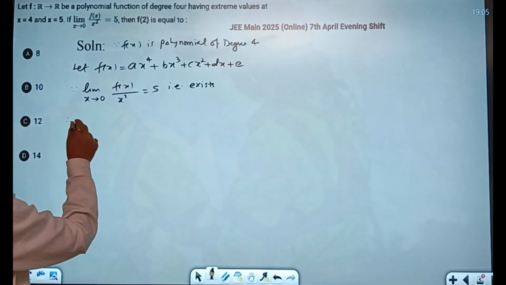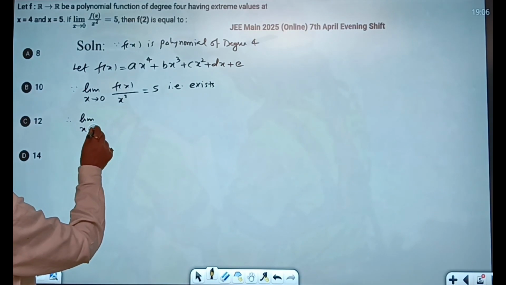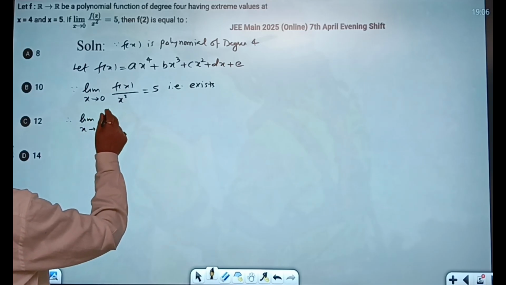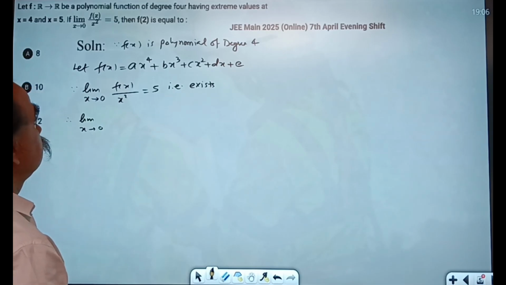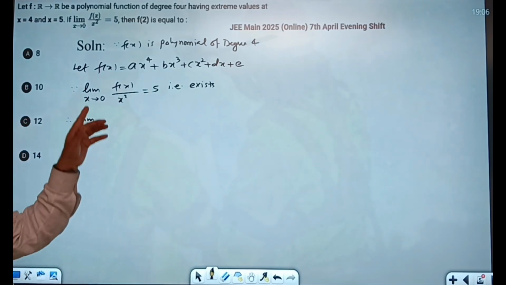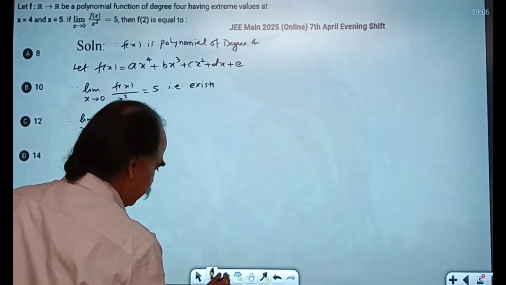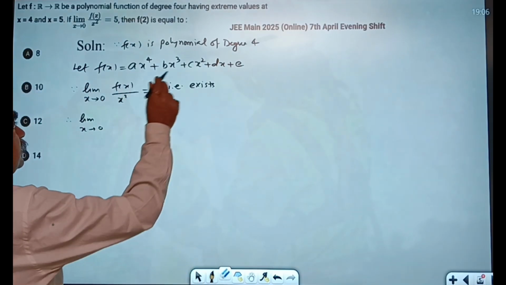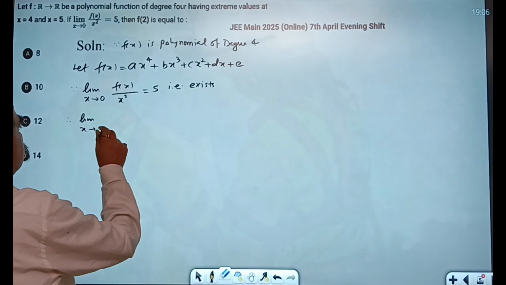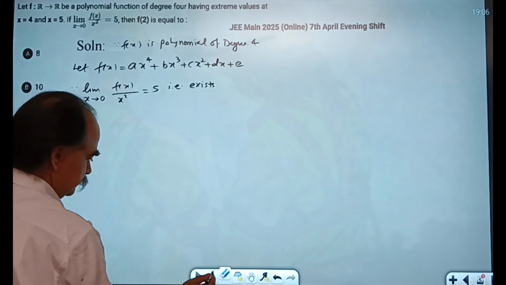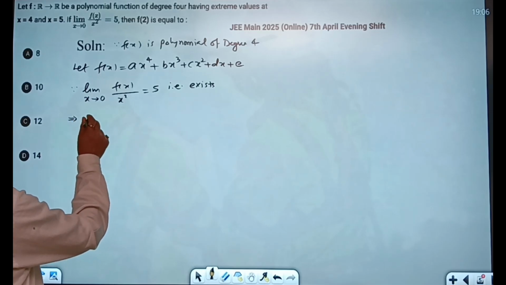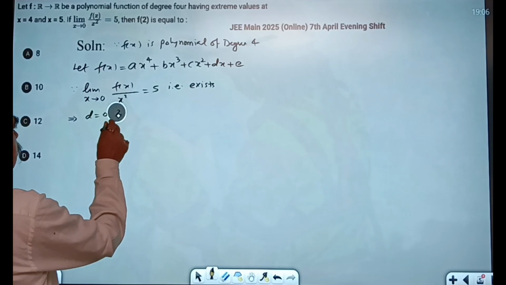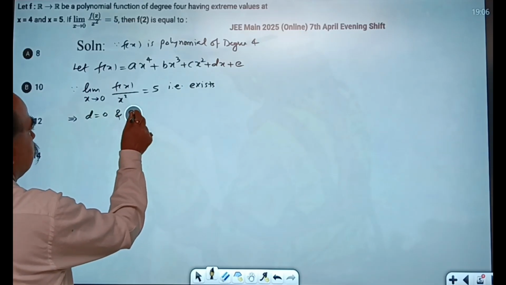Therefore, for the limit of ax raised to 4 plus bx cube plus cx square plus dx plus e upon x square to exist, the degree of numerator terms must be at least 2. So this implies d is 0 and e is 0.